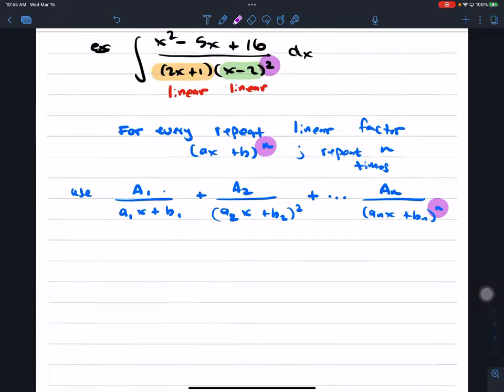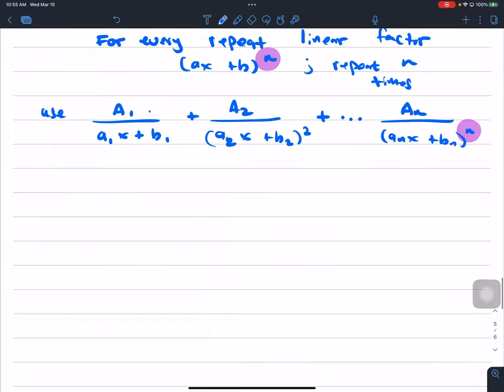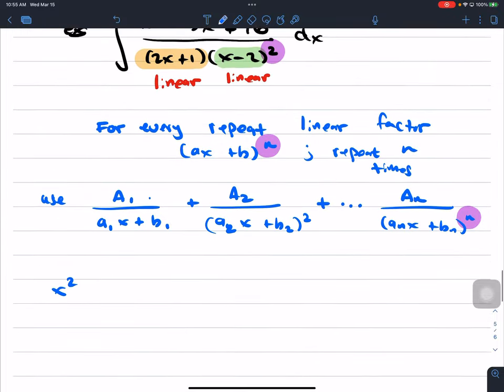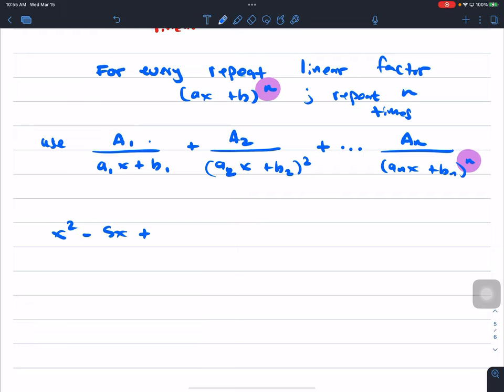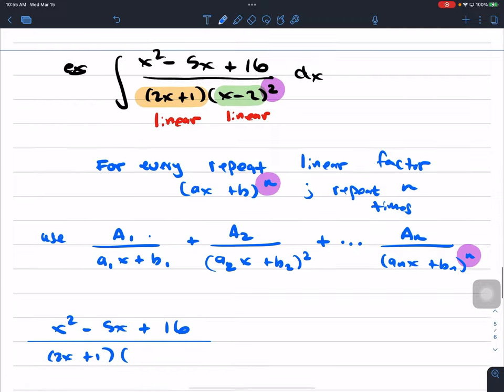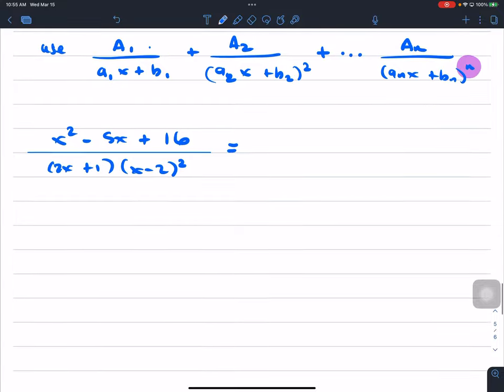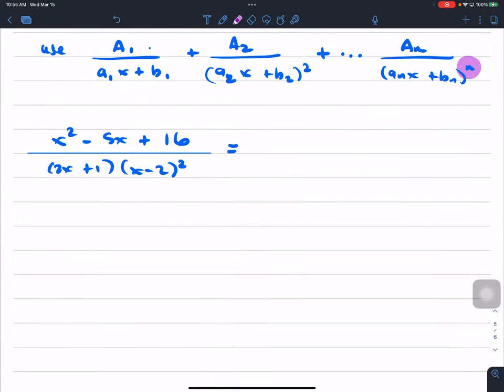Now, what does that mean in this case? Here's what this means for this question here. Right, you have x squared over 2x plus 1, x minus 2 squared. So this is for my first linear factor. This is a linear factor, so you're going to say A over 2x plus 1. Okay? That's not repeated.